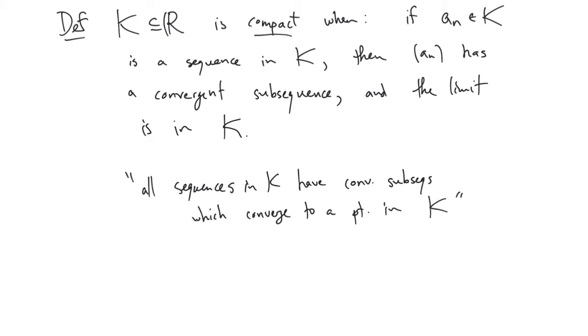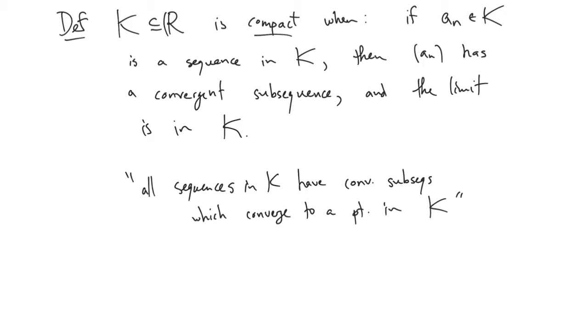That's the same thing that I just wrote. All sequences have convergent subsequences, and those things that they converge to are also part of the set that you're talking about, the compact set K, all right? This is what it means to be compact.